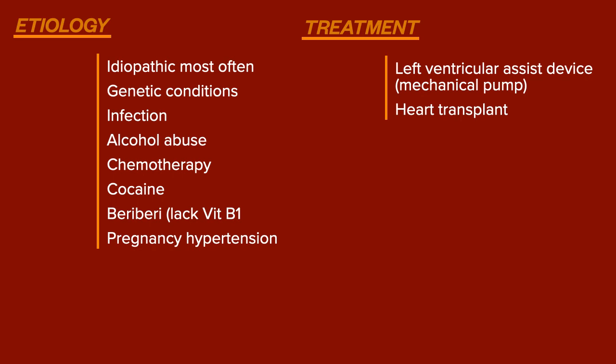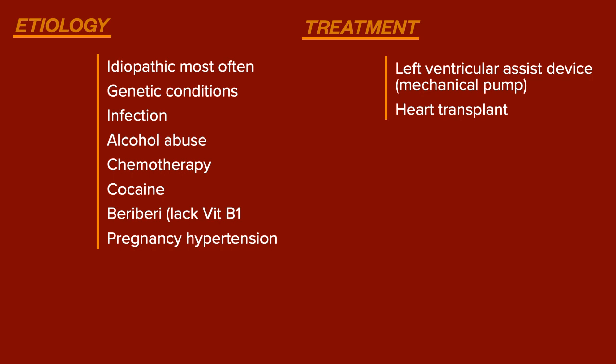In the same way, alcohol abuse is strongly linked to dilated cardiomyopathy because alcohol and its metabolites have a direct toxic effect on myocardium. In addition, certain drugs, including chemotherapy drugs, but also drugs like cocaine, can cause dilated cardiomyopathy.